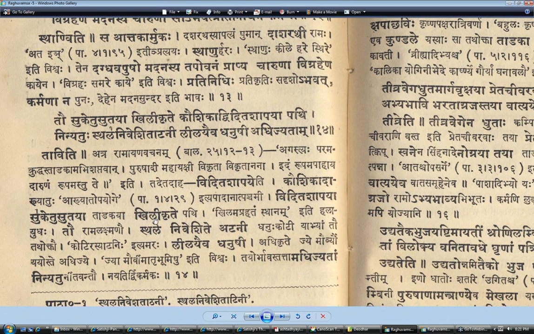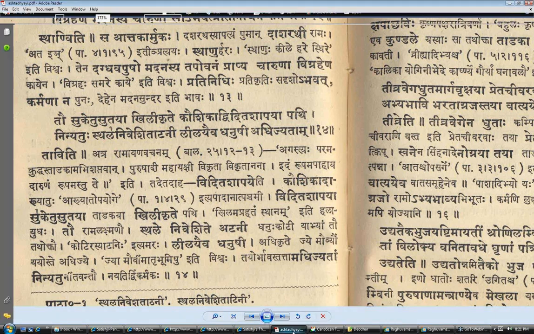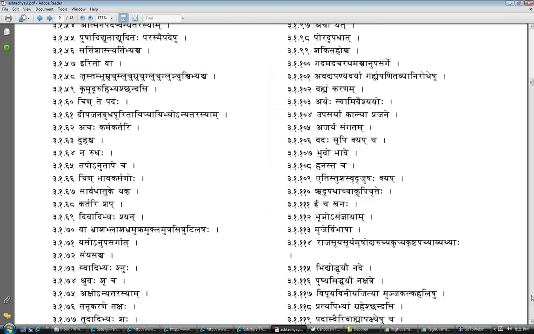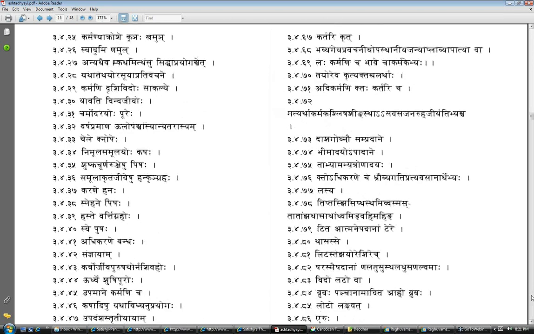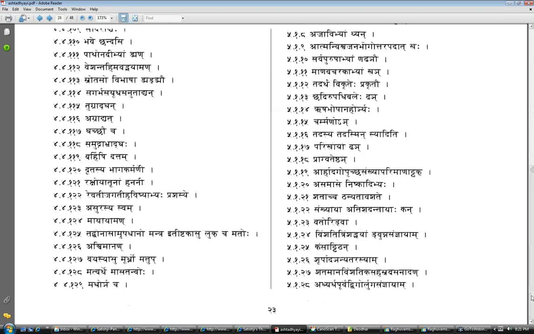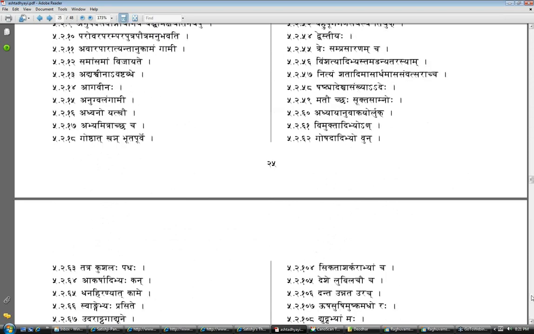Where do these words come from? Panini has this condition that when something doesn't have a state, and it is made to take that state. So when you say Khili Krite, it means it was not Khilam before. It was made Khilam.